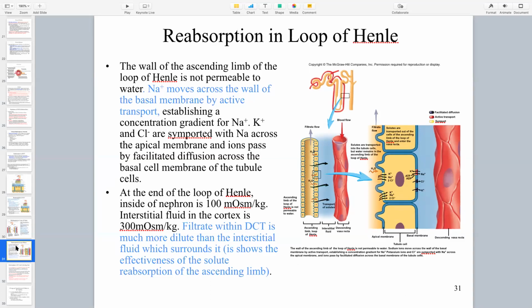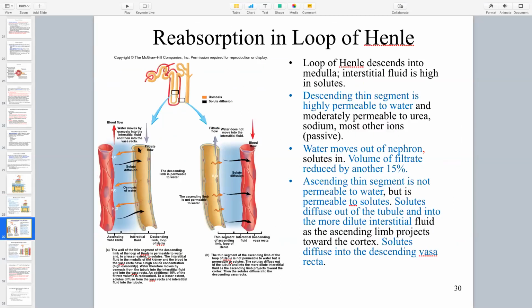Here, water wanted to move out on the descending limb. It only moved out because the interstitial fluid was so salty. And why was that interstitial space so salty? It's because on the ascending limb, we pumped out those salts.